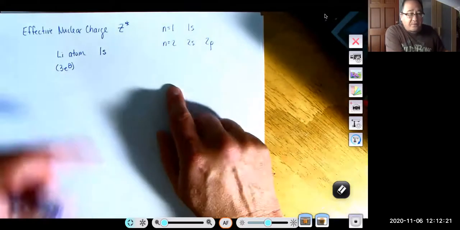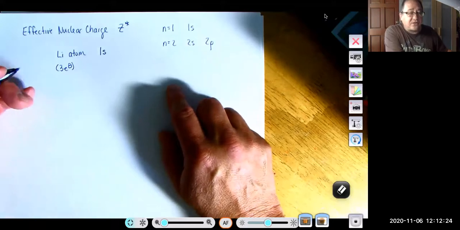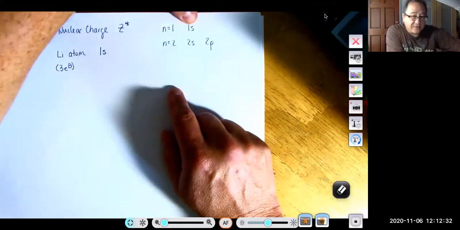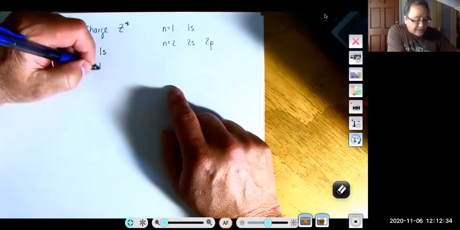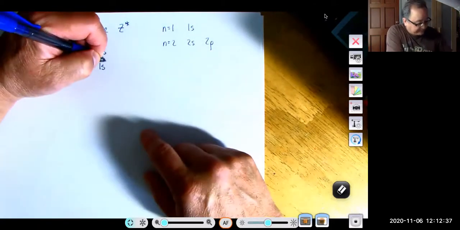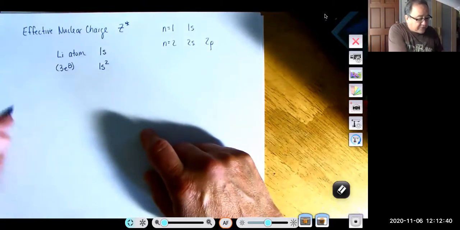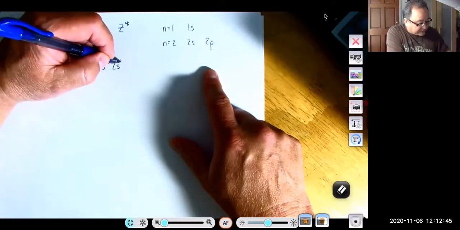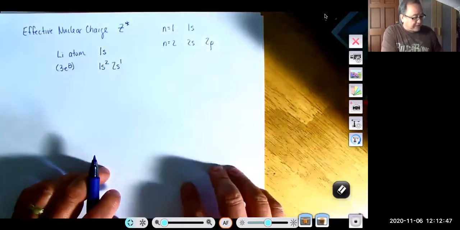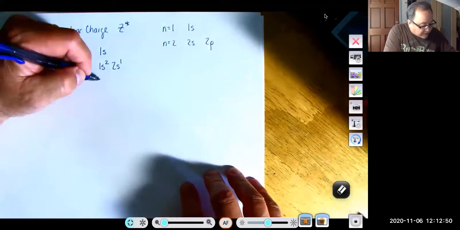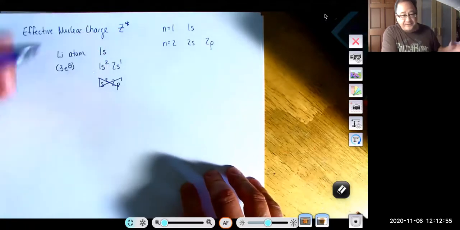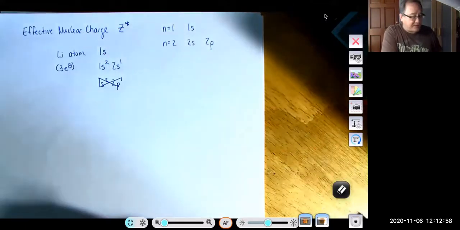So according to the Aufbau principle and Hund's rule, we're going to put the electrons in the most stable subshell first, and that's the 1s. The 1s has 1 orbital, so you can put 2 electrons in there. And then for the 2s or 2p, you're going to put the last electron in the 2s. So there's the electron configuration of lithium. But it could have easily been a 1s2 and a 2p1. So why is that not the case? We're going to take a look at that in just a moment.